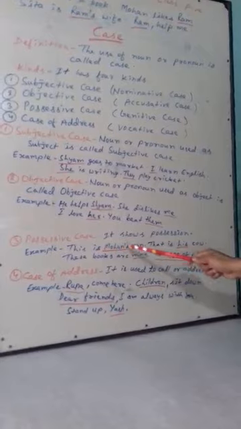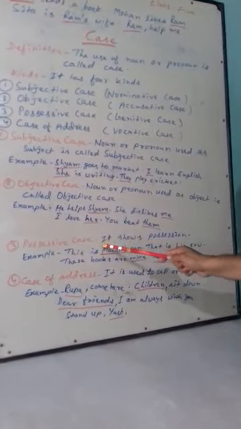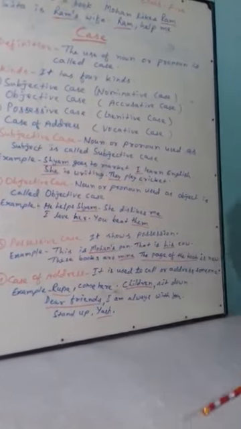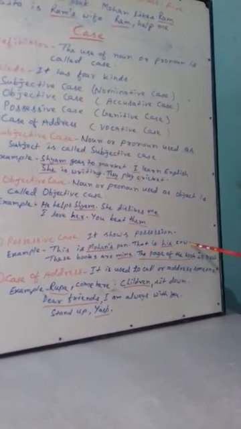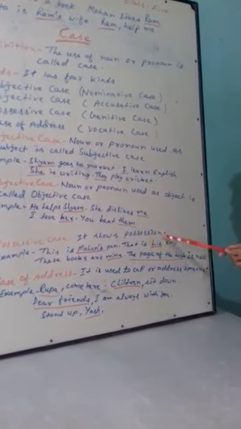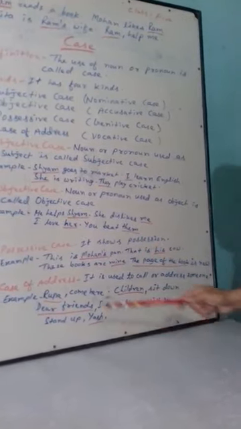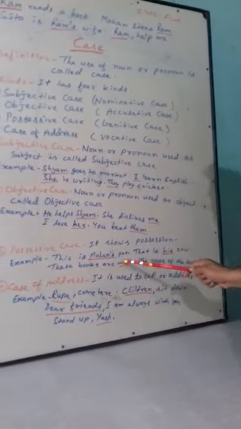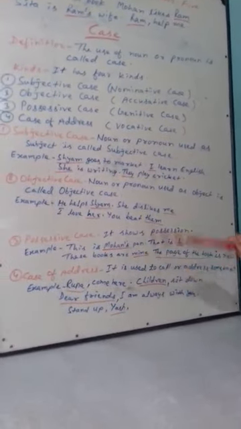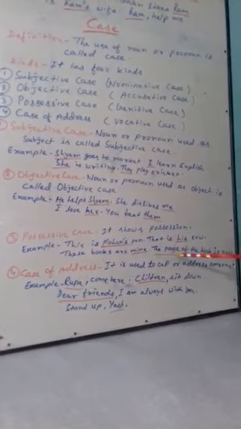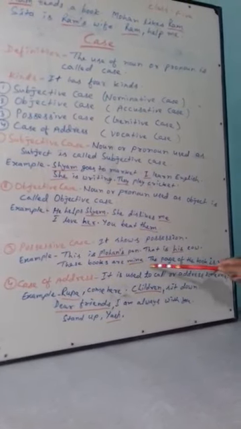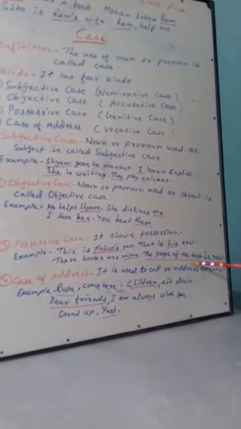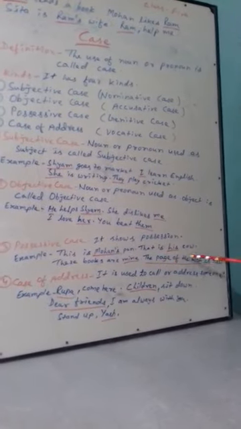Here Mohan's is in possessive case. That is his cup. His is also possessive case. These books are mine. Mine is possessive case. And the page of the book is new. The page of the book shows possession, so it is in possessive case.